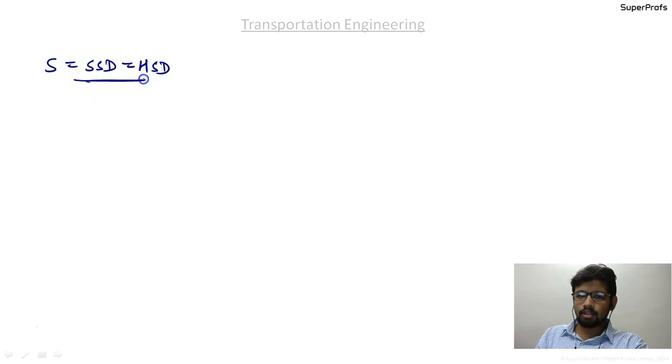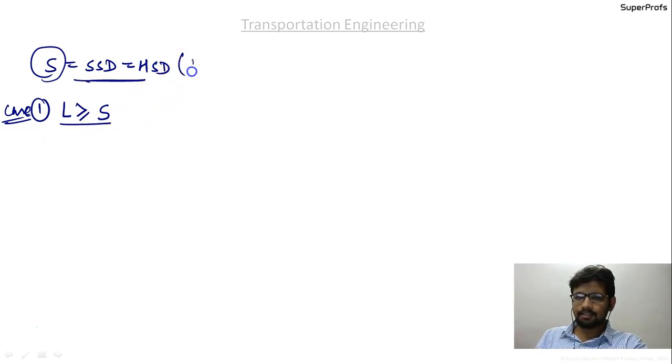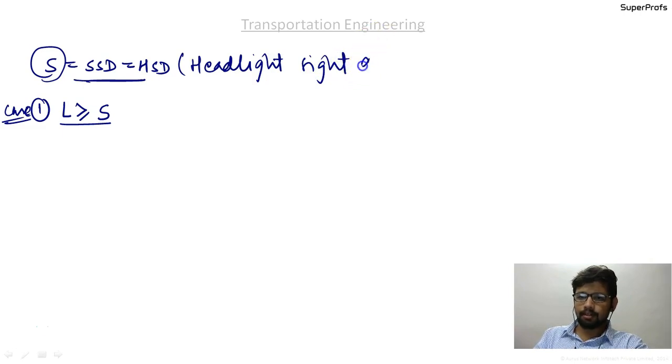Just like the summit curve, where we discussed the formula based on this S value, exactly the same way, case 1 will be when the length of the curve is greater than the sight distance, where sight distance is equal to SSD, which is equal to HSD. Over here HSD is the headlight sight distance. Please write down headlight sight distance.